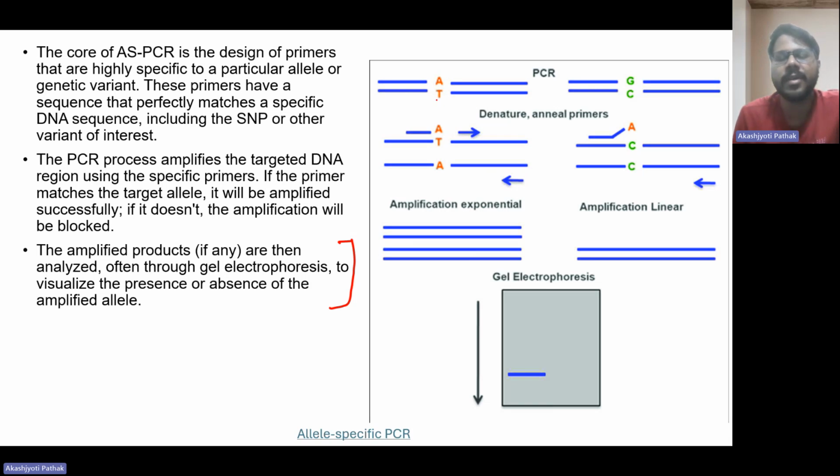If your template strand has T, then your primer will have the complementary base, which is A. This primer is capable of binding to this portion of the gene and amplifying it, but the same primer will be unable to bind the gene which has this mutation, this C. So this will not get amplified, while this particular gene will be amplified exponentially.